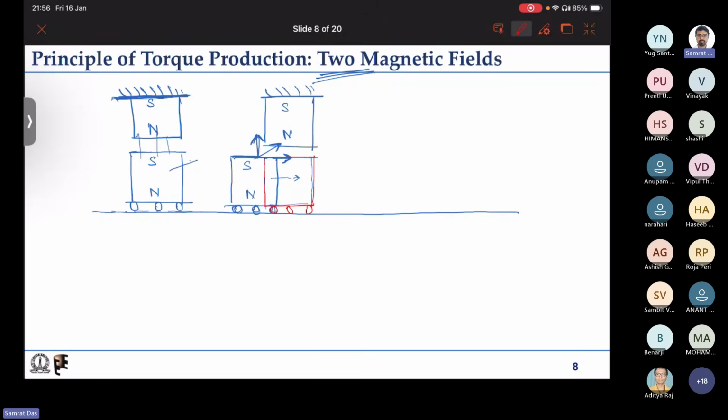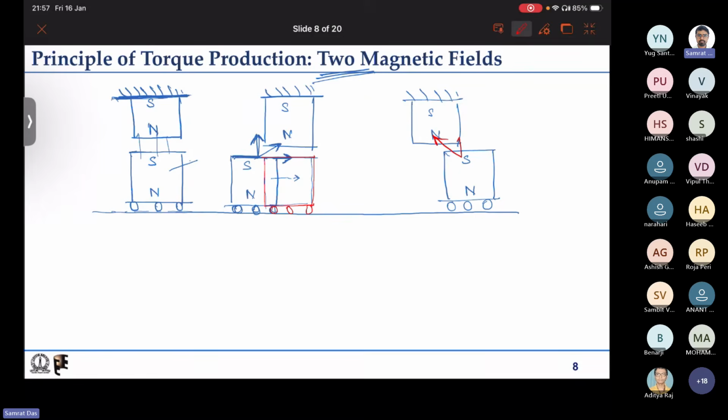So, we are able to produce some horizontal force by this type of arrangement. Now, just to complete the thing, if we want to produce some force in the other direction, we have to have the magnet or the moving magnet displaced in the other way, that is we have some north and south, and in this case the force is like this.